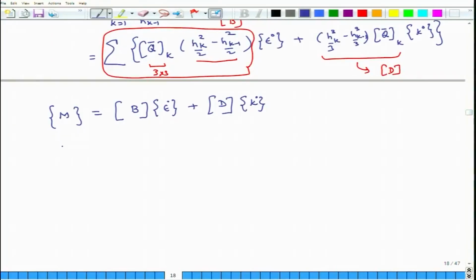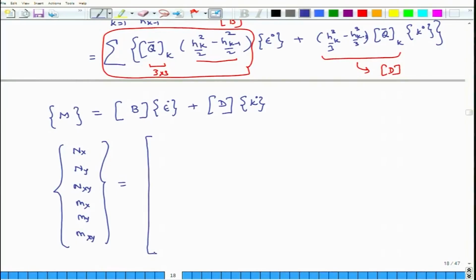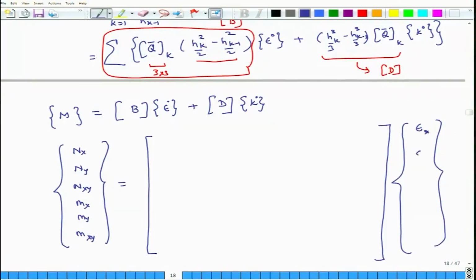We will write this more explicitly: Nx, Ny, Nxy, Mx, My, Mxy. So, we have all 6 relations, 3 force resultants and 3 moment resultants, related to the mid plane strains and mid plane curvatures using these relations.